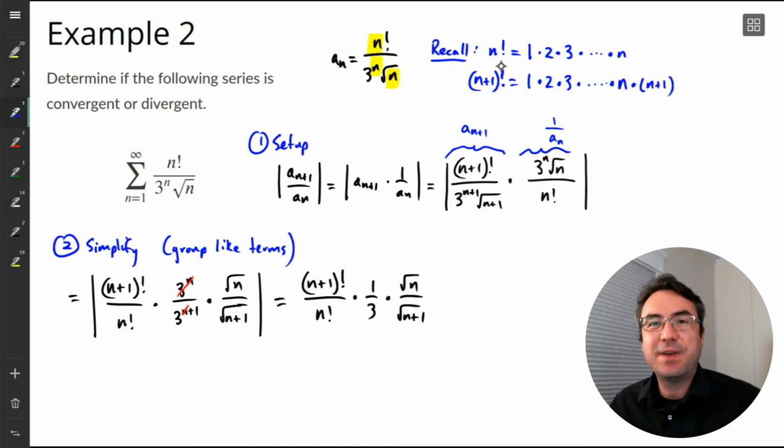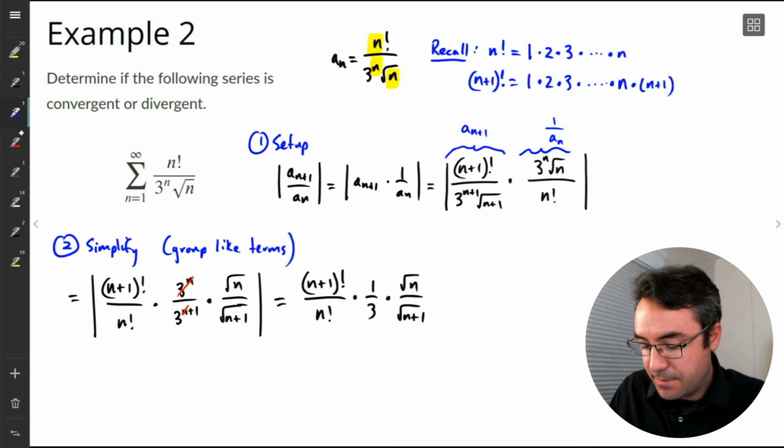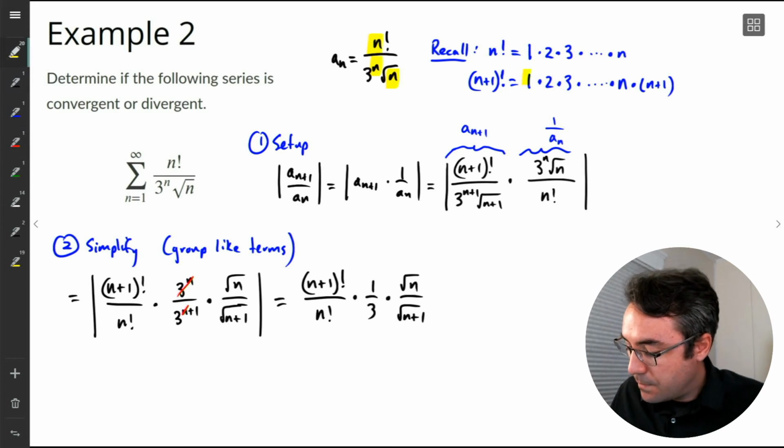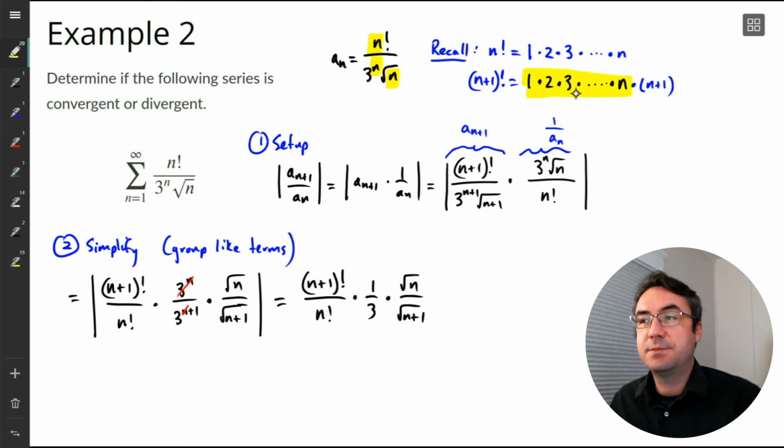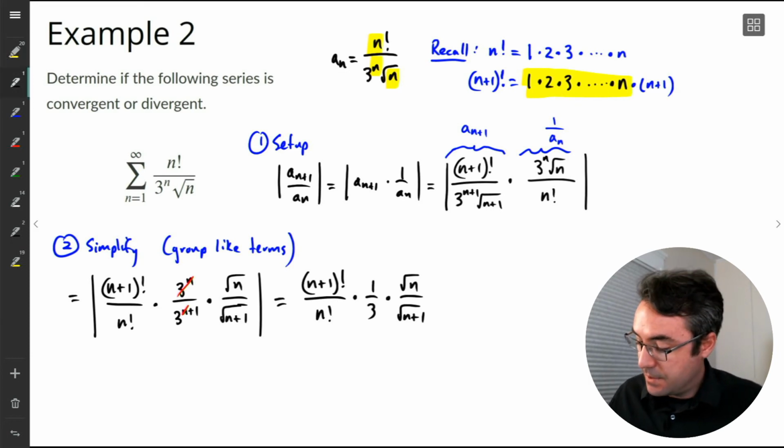Sometimes with these factorials, it helps to write them out a little bit. And when you do that, you can see right here, this 1 times 2 times 3 up to n, that's just n factorial. So another way to think of n plus 1 factorial is n factorial times n plus 1.